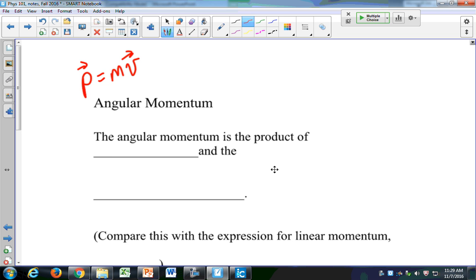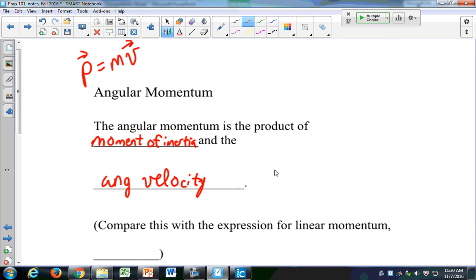So the angular momentum is the product of the moment of inertia and the angular velocity. We call it L for angular momentum.